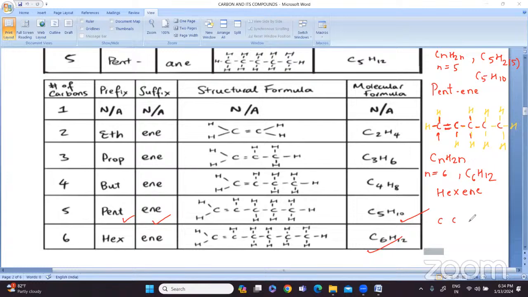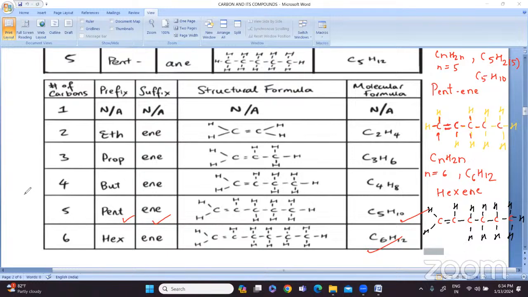Now we'll write the structure with carbons 1, 2, 3, 4, 5, and 6, then the hydrogens. Any one of the carbon atoms will have a double bond. Then 2, 3, 4, 5, 6, 7, 8, 9, 10, 11, and 12. Understood? I hope this is clear.